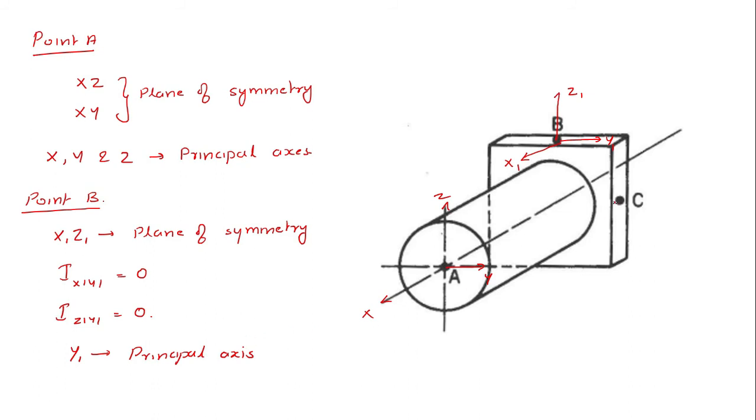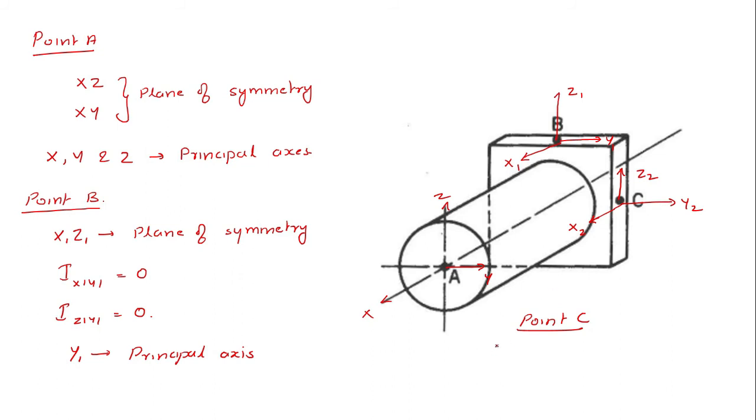Now coming to point C. Say this is x2, this is y2 and this is z2. Let me write it here, point C. Now in point C there is only one plane of symmetry, and that plane is x2 y2.